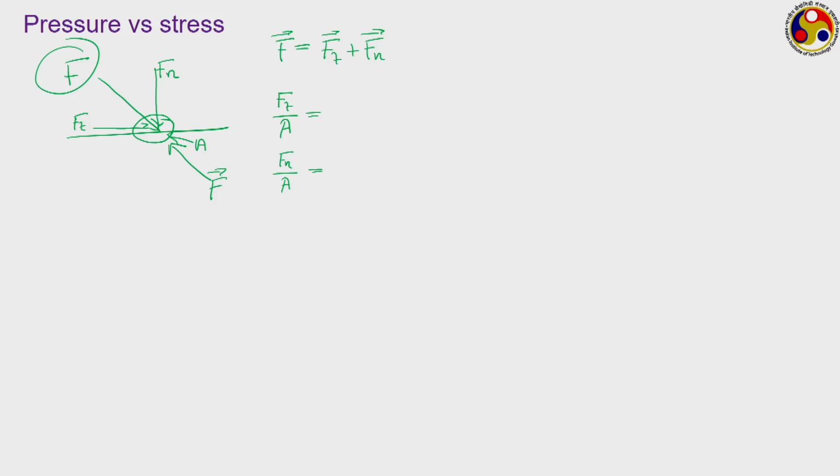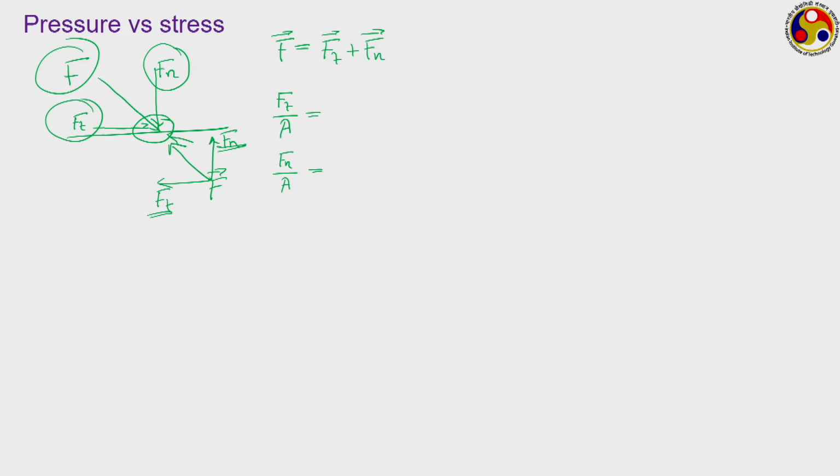Now, if we divide these internal resistive forces into two components, what will be the components? The normal one will be Fn itself and tangential will be Ft itself. You can say that the one which is opposing this normal component of the imposed force is this one, whereas the one which is opposing this tangential component of the imposed force is this one, and they have to be equal to their corresponding external counterpart.